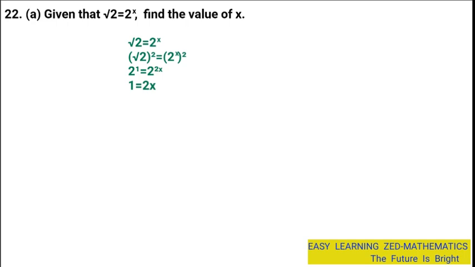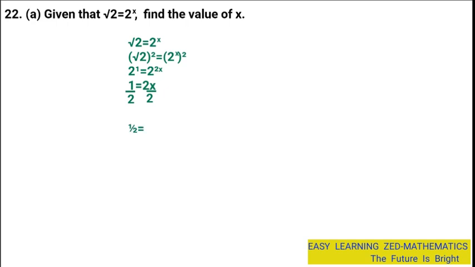So now I'm going to divide both sides by 2. Why? Because I want to remain with x on one side of the equal sign. So divide by 2 and divide by 2 on this side. Now 1 divided by 2 could give us a decimal number, which is 0.5, but I want to maintain the answer as a fraction, so I'm going to rewrite it as 1/2.